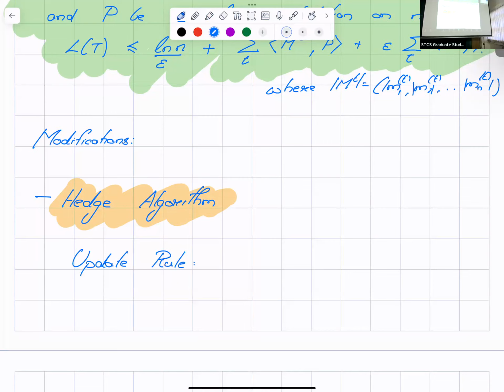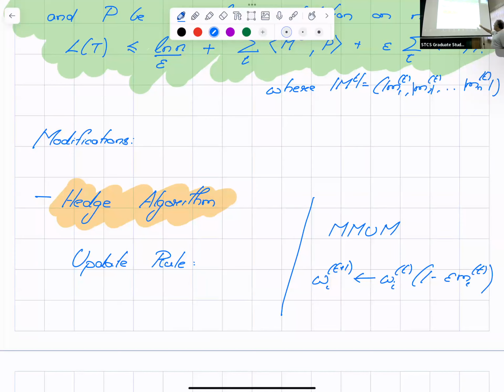So notice the MWUM update rule was W_i^{t+1} got replaced with W_i^t times (1 minus epsilon M_i^t). And then later on in the proof, in the early steps of the proof, we approximate with exp of minus epsilon M_i^t, to recall.